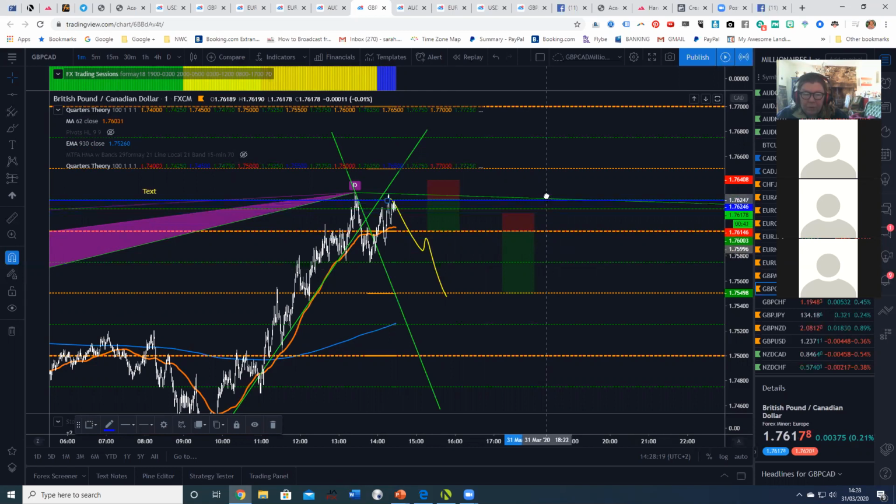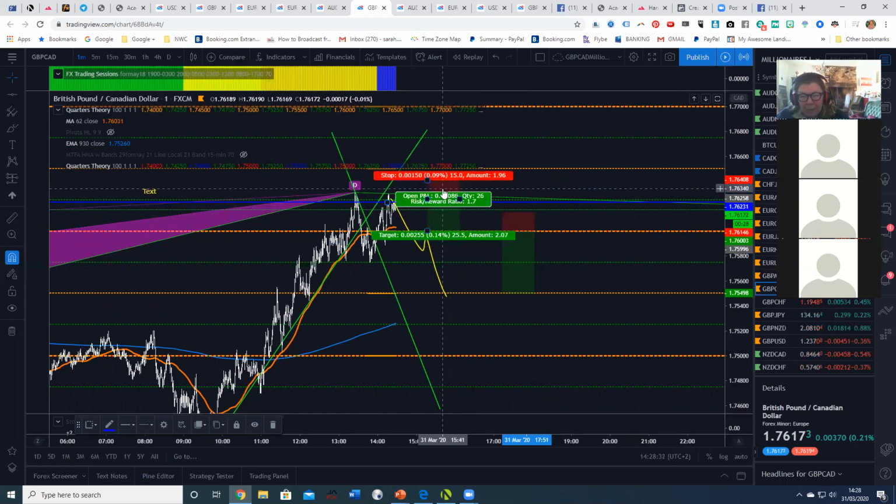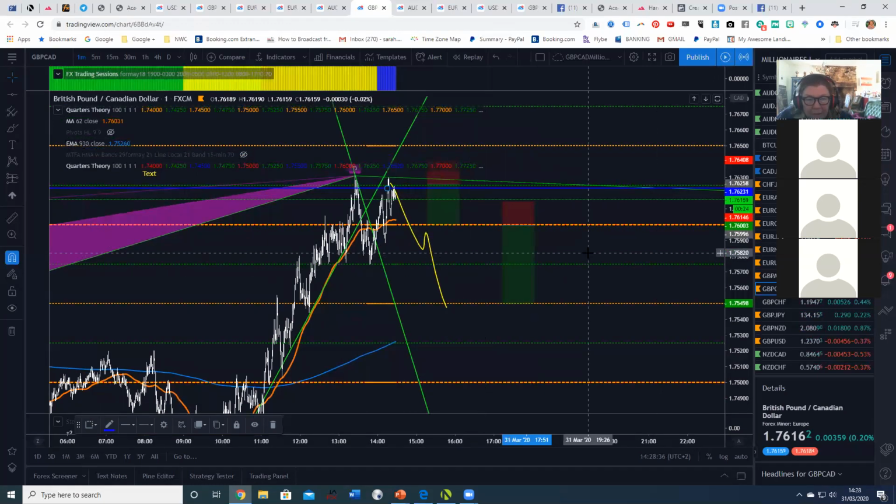Then try and move your stop loss to stop profit by 1 pip to cover yourself on a risk-free trade, because it's far better to be stop profited out than have price in these markets reverse back on you really suddenly and take you out for a full 15 pips. Okay, so that's GCAD coming down now.